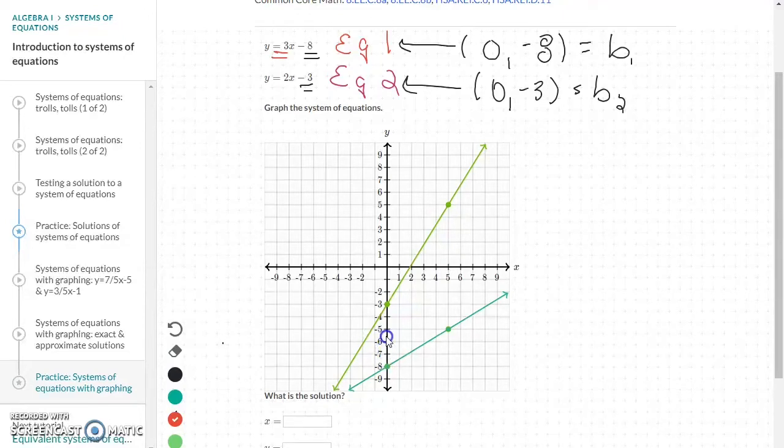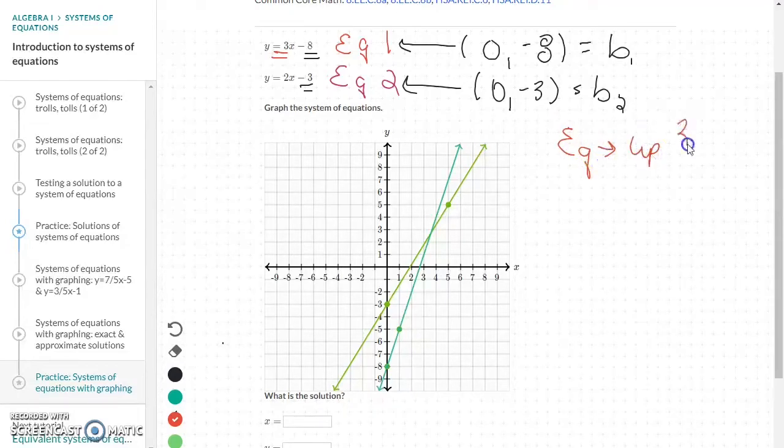I'm sorry, I graphed negative 8. And then the slope is positive 3. So that means I'm going to put my pointer at negative 8 and go up 3 over 1. It's rise 3 over 1. And I'm going to do the same thing for equation number 2.